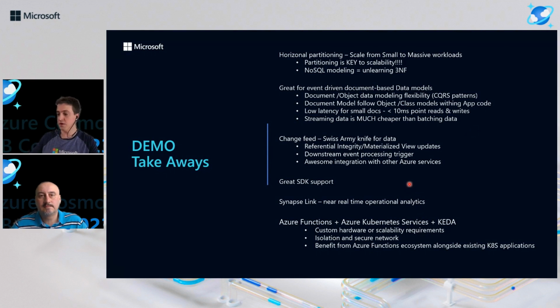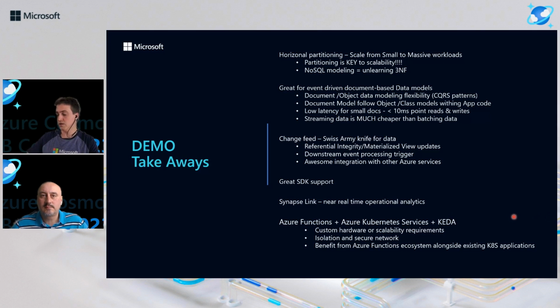We also have for Cosmos DB great integration, great SDK support, such as .NET, Java, Python, and others. And Synapse Link integration for near real-time operational analytics. And as you can see in this demo, we have a great integration with Azure Functions.